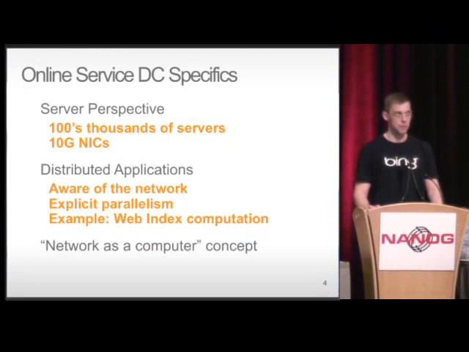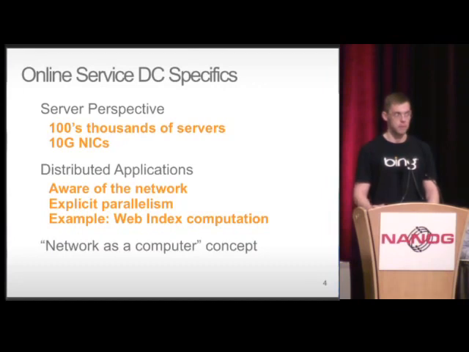All the applications we run are kind of specific. The applications are well aware of the network. They're designed to be run on the network, and we treat the network as a computer. Essentially, the application is well aware of topology and utilizes the full capacity and capabilities of the network to perform computations.